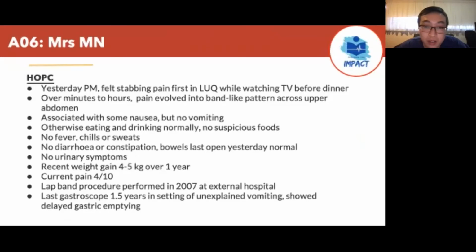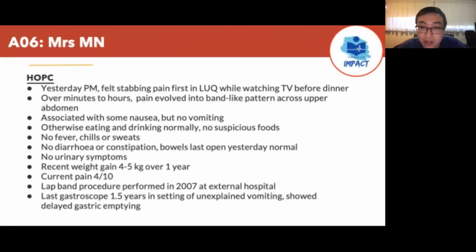She's not complaining of any urinary symptoms. There's a recent weight gain of 4 to 5 kilograms over the past year, which is neither here nor there. The current pain is relatively tolerable at 4 out of 10. She tells you that the lap band procedure was performed many years ago in 2007 at an external hospital.